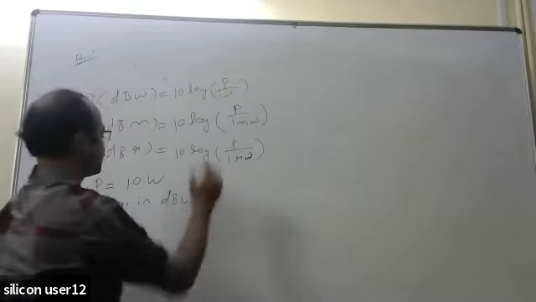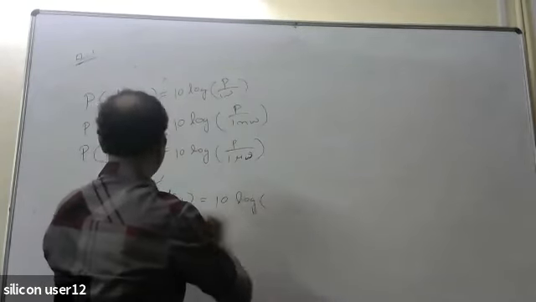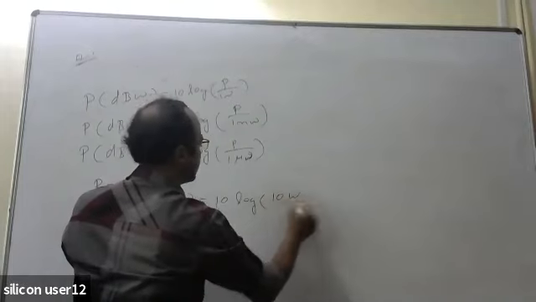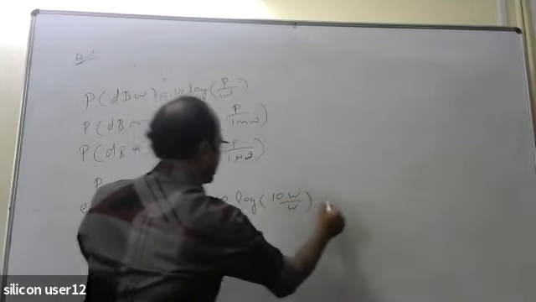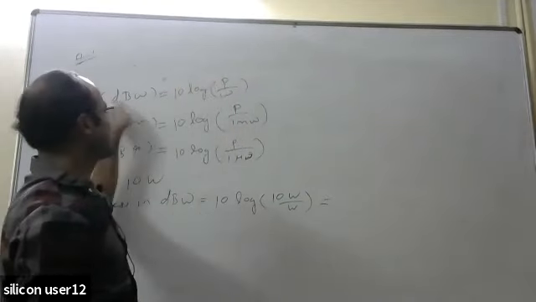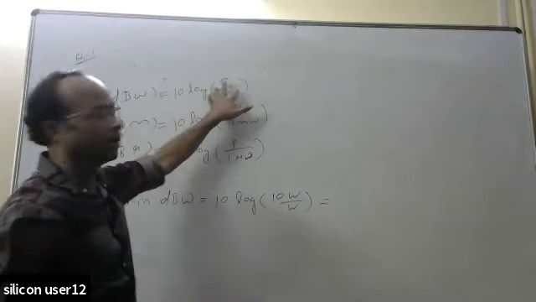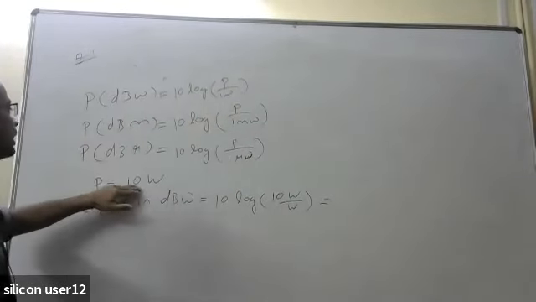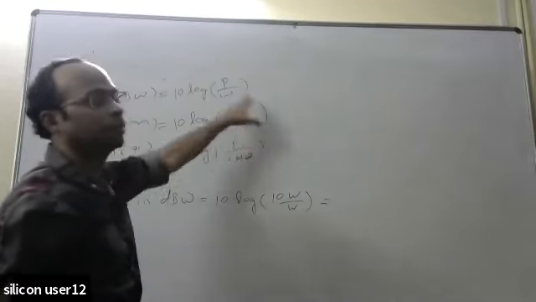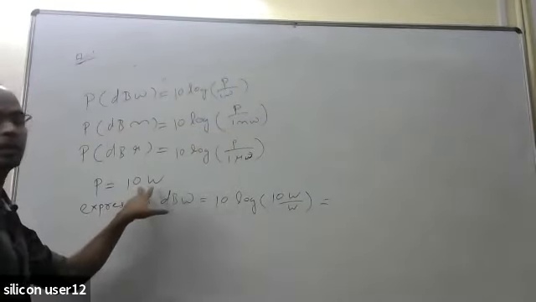So it will be 10 log of 10 watt by 1 watt. If I want to express the same power in dBm, I have to write here how much milliwatt it is. If it is 10 watt, how much milliwatt will it be?